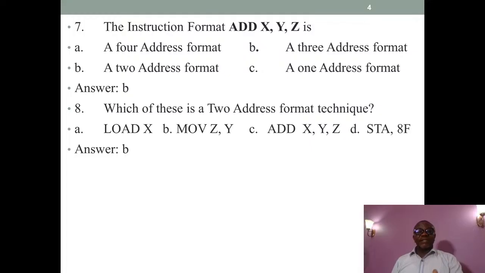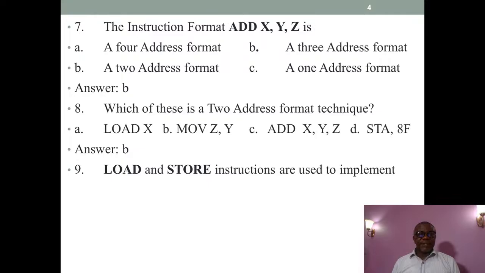So you see that that is a 2 address format. You must have 2 lines. Of course, C is what we did in 7, while D is store accumulator HF. You are moving the data HF direct to the accumulator. So B is the 2 address format technique.